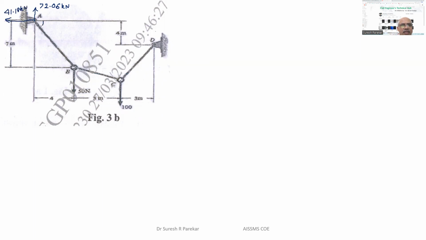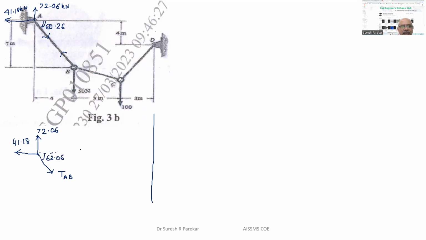Now we know this angle we have already calculated, 60.26. Now we have tension in AB, so we will consider joint A. At joint A, we have 72.06, 41.18, and the tension TAB, with the angle made 60.26.